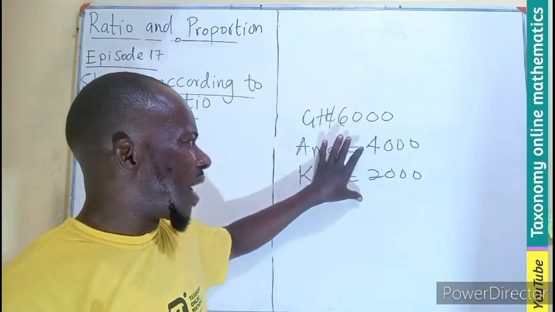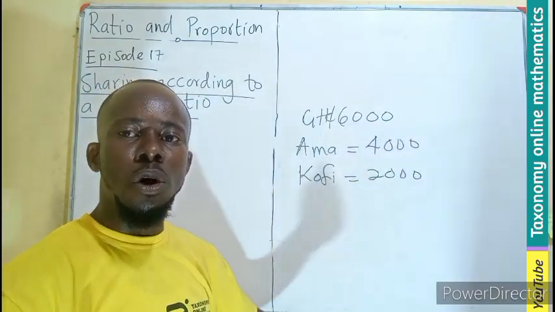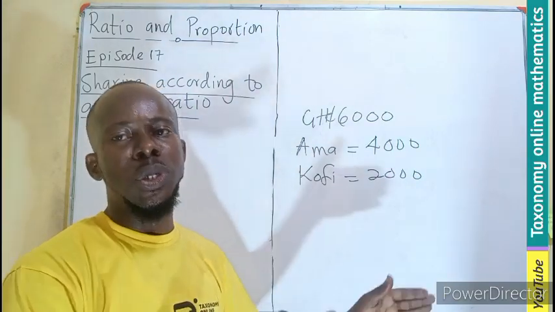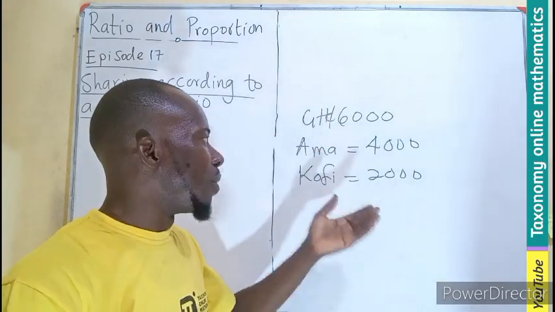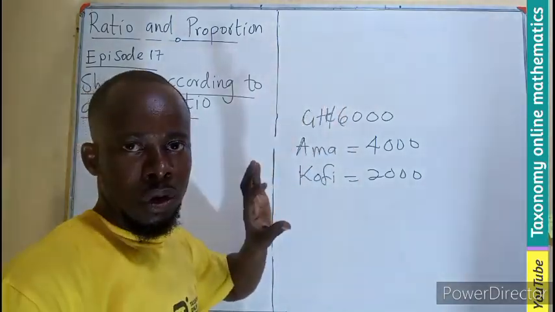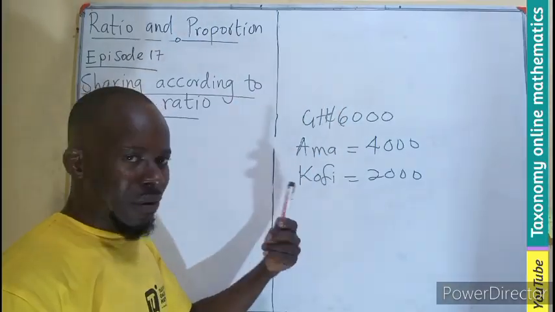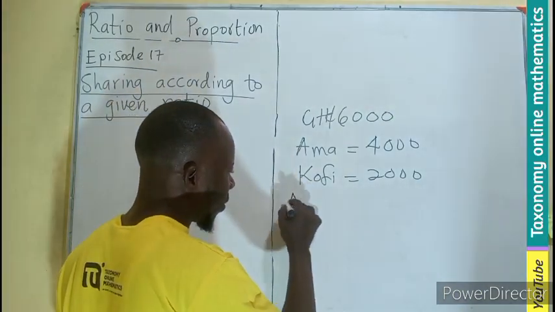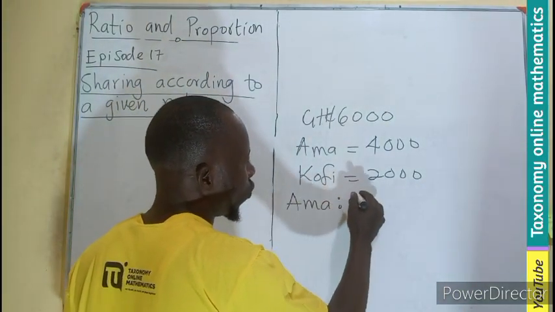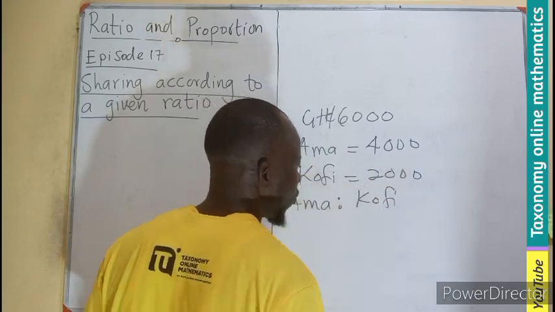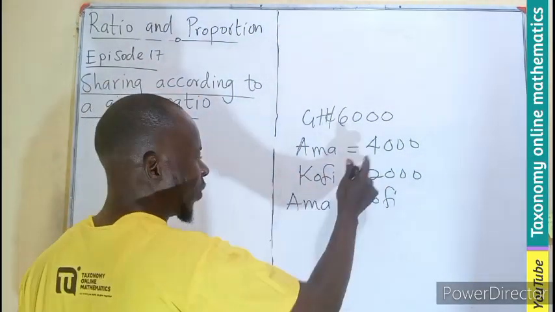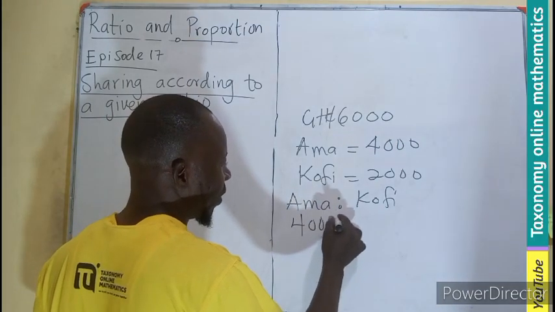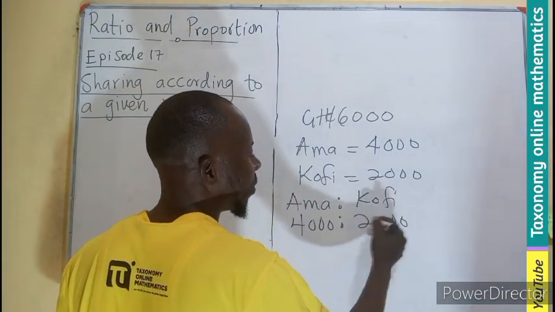Now, this amount that they receive can also be written as a ratio. Their share can be written as a ratio to what they are sharing. We can write the ratio as Ama is to Kofi. So this is their share of the money: 4,000 is to 2,000.